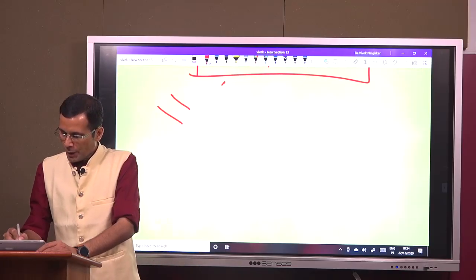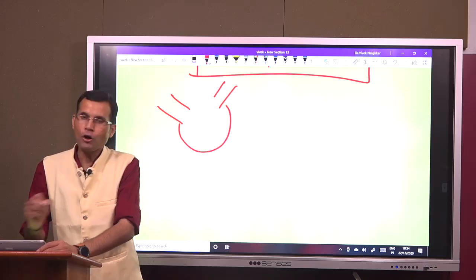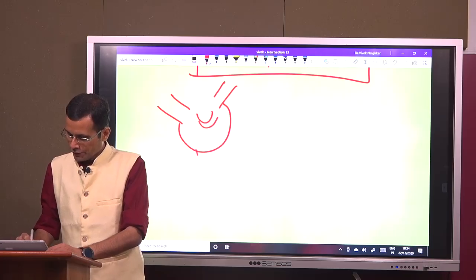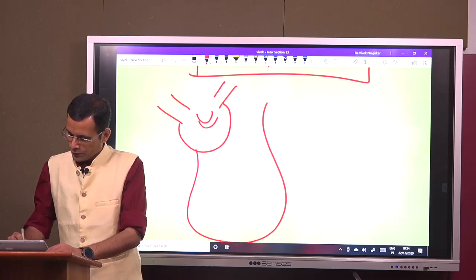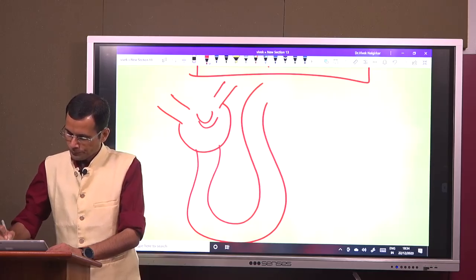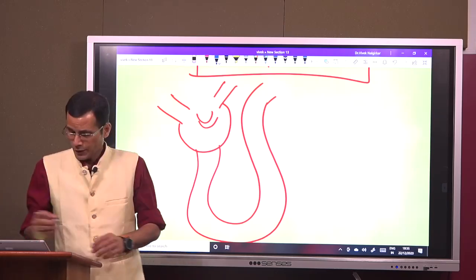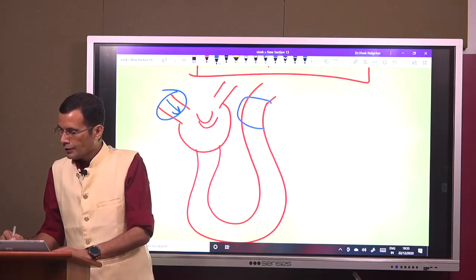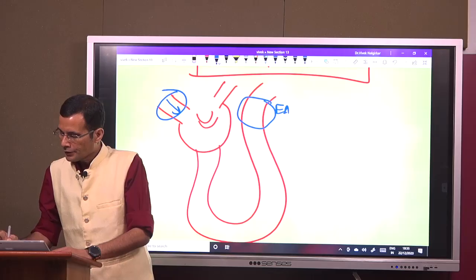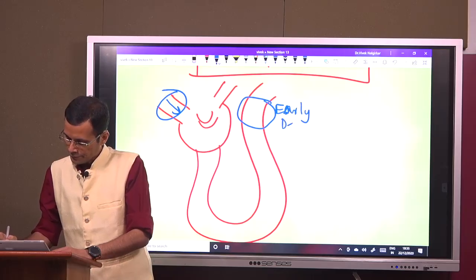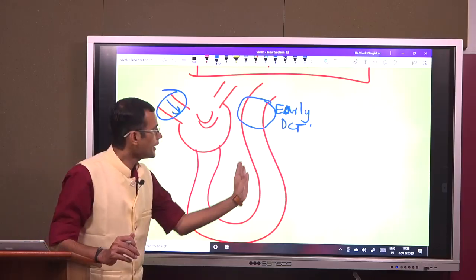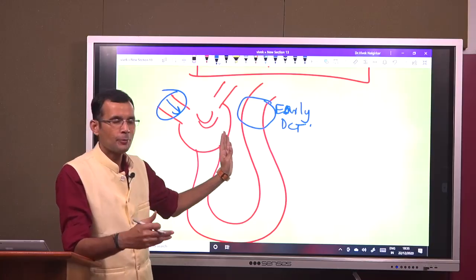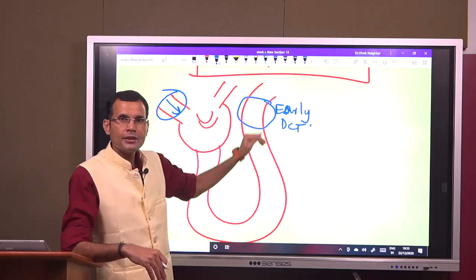What is JG apparatus? Look, for every nephron, here is the structure of the nephron. For each nephron, what happens is, its afferent arteriole and the early part of DCT, the thick ascending limb of loop of Henle, I beg your pardon, and the early DCT.